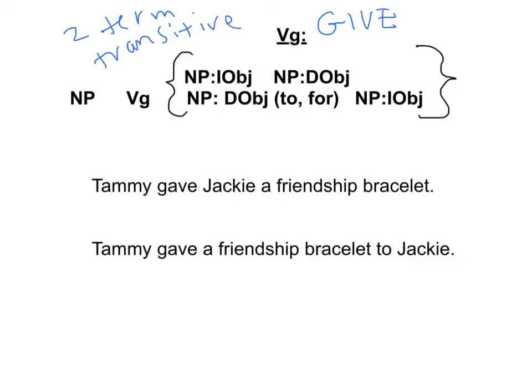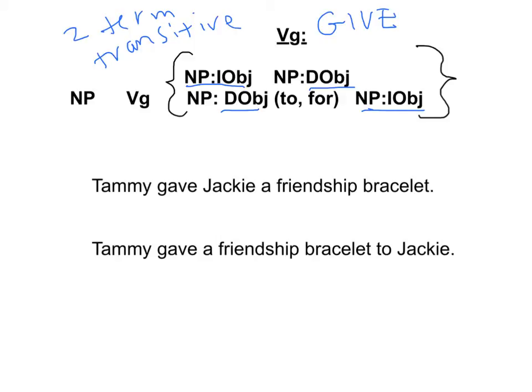You'll notice that both of these have a direct object, but it also has to have another term. And in this case, it has this one, which is called the indirect object. So we have the direct object and the indirect object. And basically what you can know is your direct object is what you gave, and your indirect object is who did you give it to.